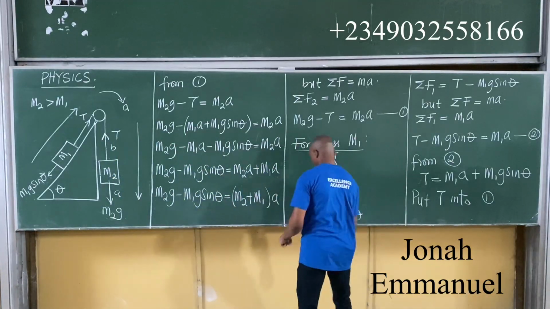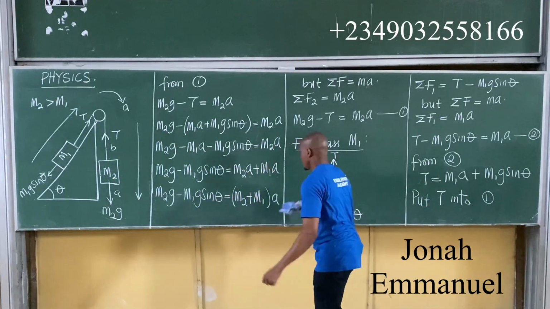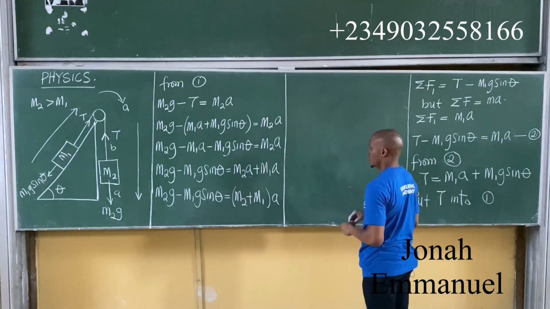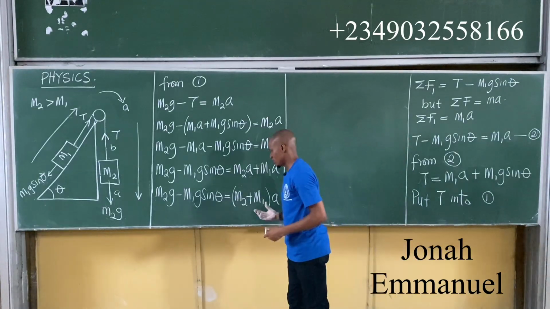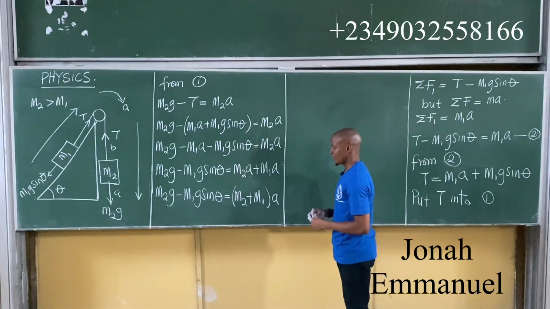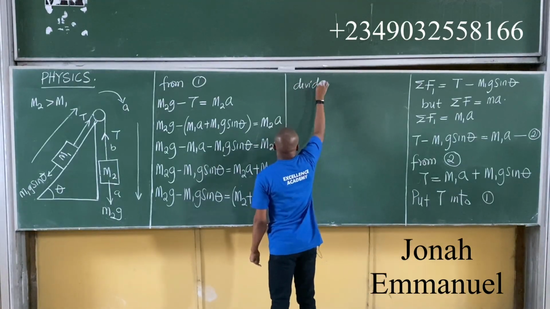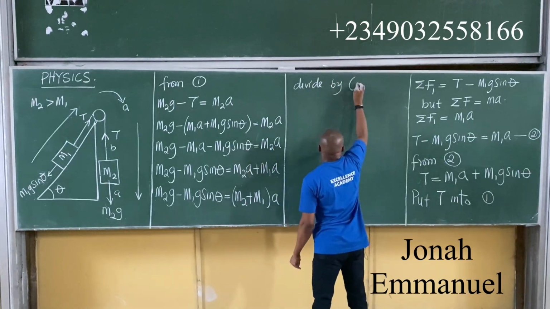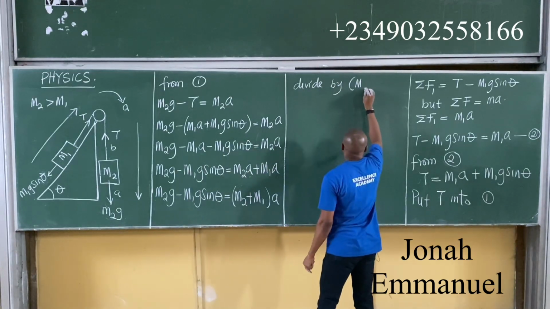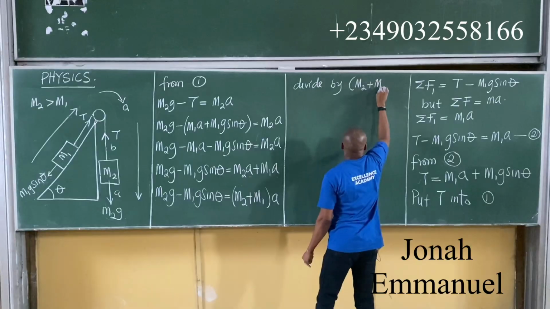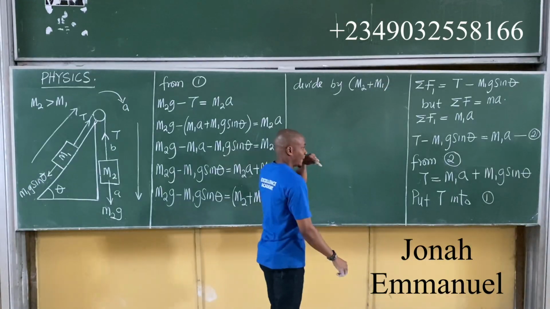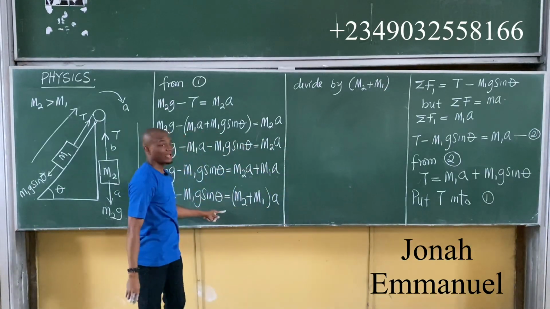Let's make a the subject of the formula here. Of course, I will divide both sides by the coefficient, M2 plus M1.